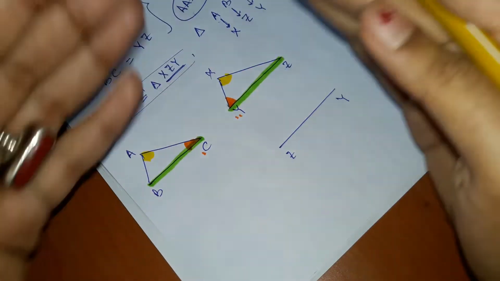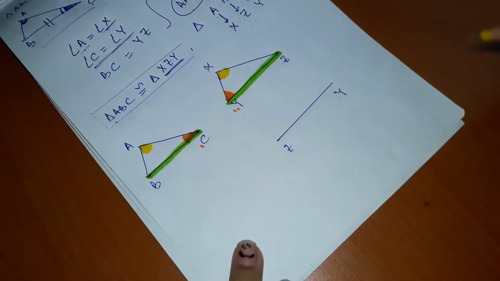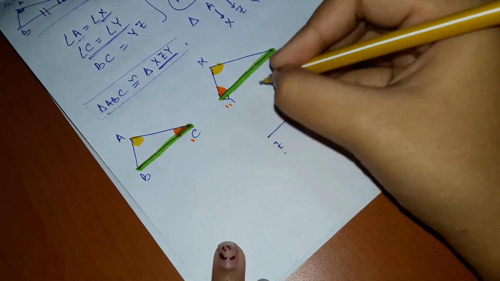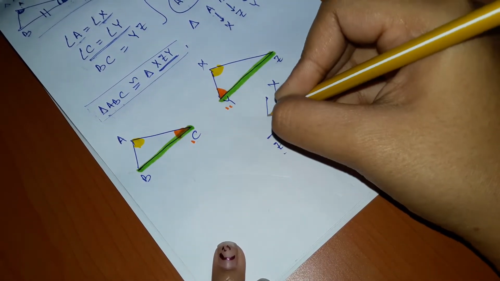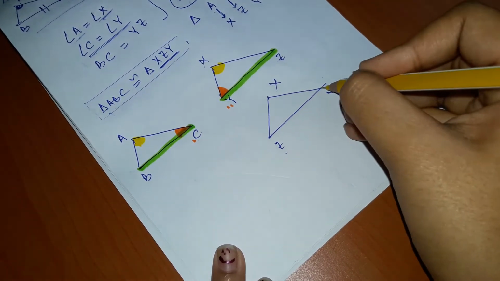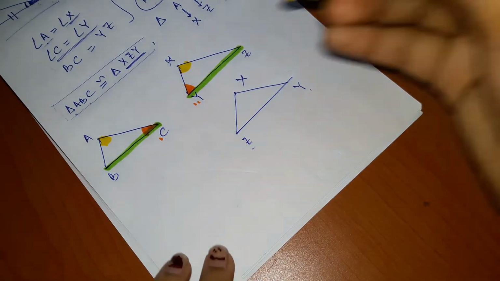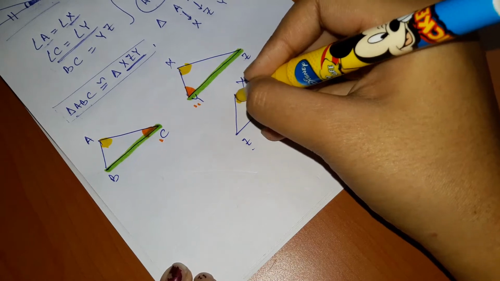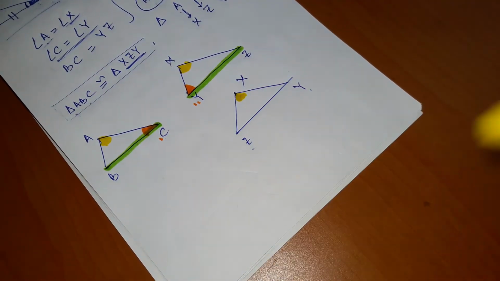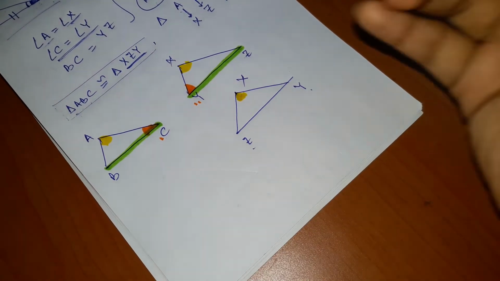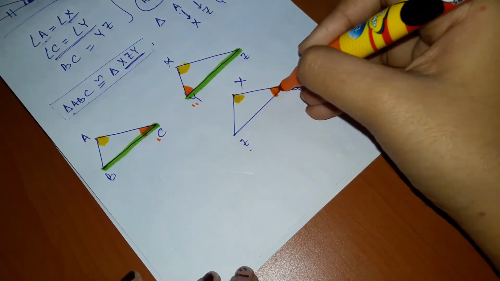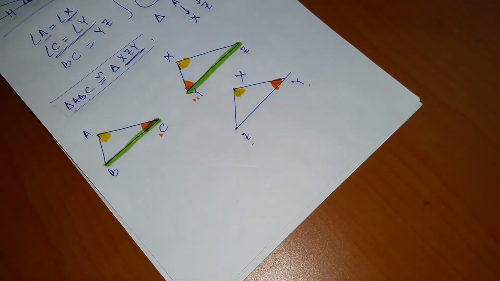I am simply turning the triangle. So ZY and here X. Now I am shading it in the same manner. Angle X is yellow, angle Y is orange, and ZY is green.